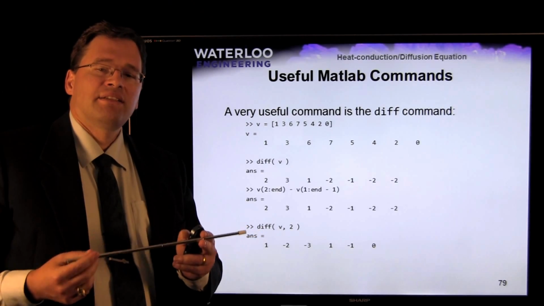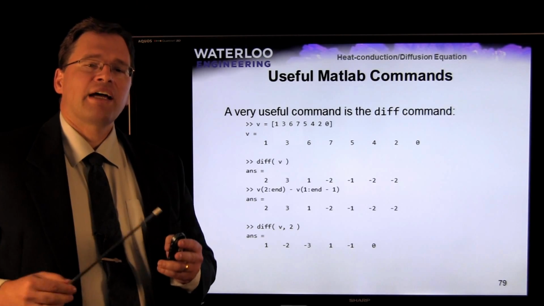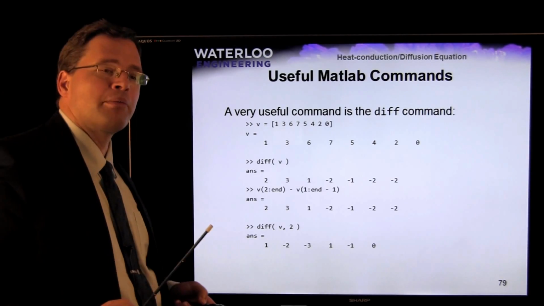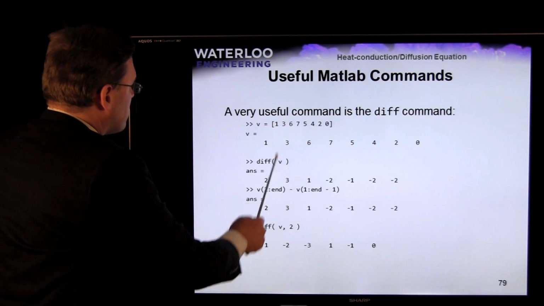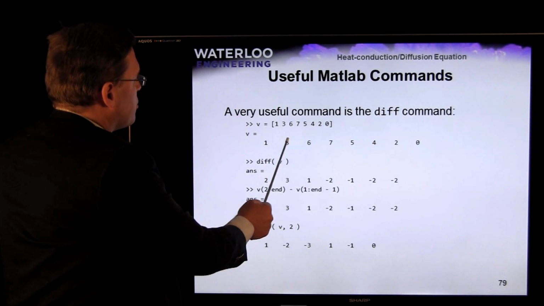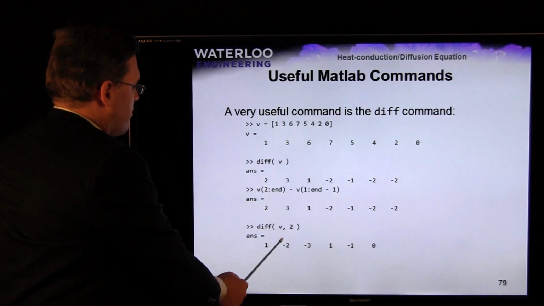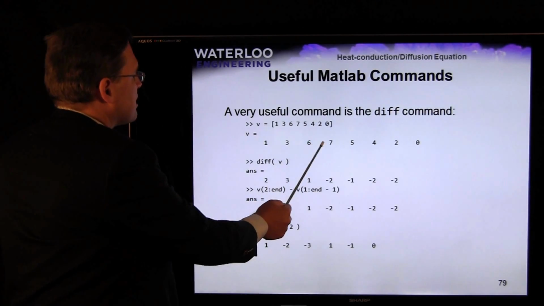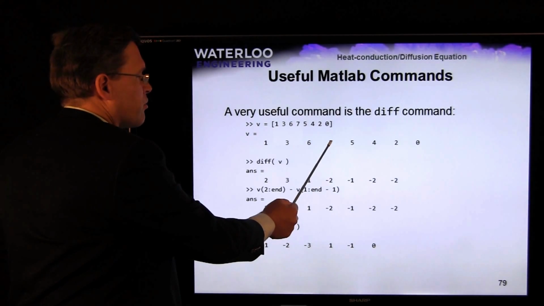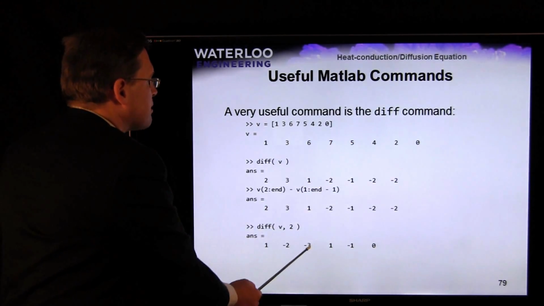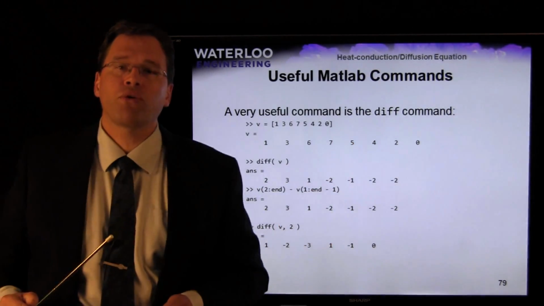If I pass diff a second argument that says 2, it's actually going to be using the formula for the second derivative. In this case, I'm going to take this value minus twice that plus that, which is 1. 3 minus twice 6 plus 7 is -2. 6 minus twice 7, or 14, plus 5 is -3. 7 minus 10 plus 4 is 1, and so on and so forth.